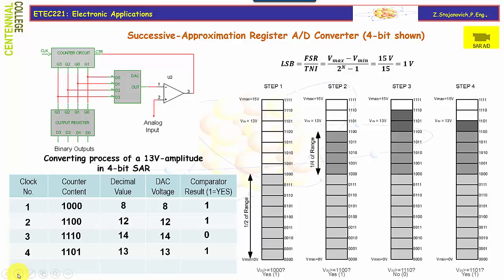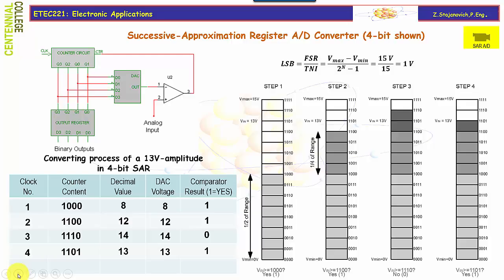SAR is now loaded with the count value of 1101 or decimal 13, with the DAC voltage changing from 1 volt per division times 13 counts to 13 volts. Of course, whether the analog sample is equal or higher than 13 volts, the comparator should answer with yes, that means 1, and this concludes the full conversion.